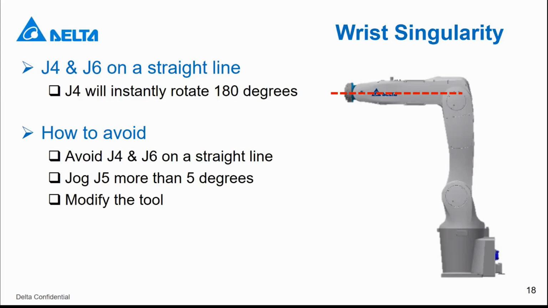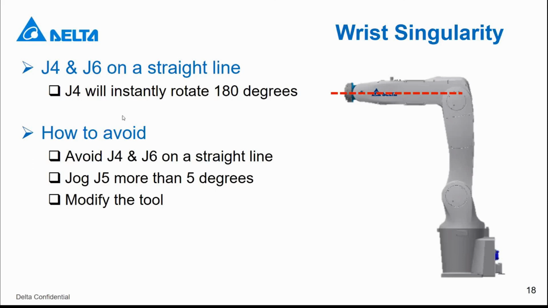So first is the wrist singularity. That means when joint 4 and joint 6 are in the same line, then joint 4 will instantly rotate 180 degrees at fast speed. So when you are designing the motion of a robot, better not let joint 6 and 4 be in the same straight line.